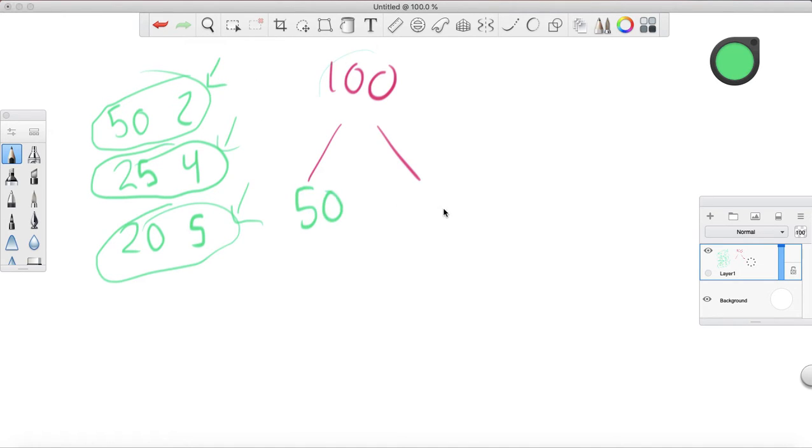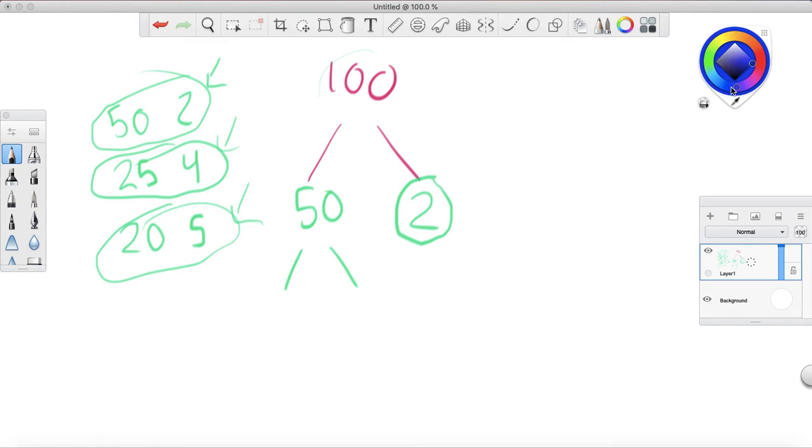So let's go 50 and 2. We know 2 is prime from our latest ones, and then 50 also has a few factors. But I'm not going to go into all of them specifically.